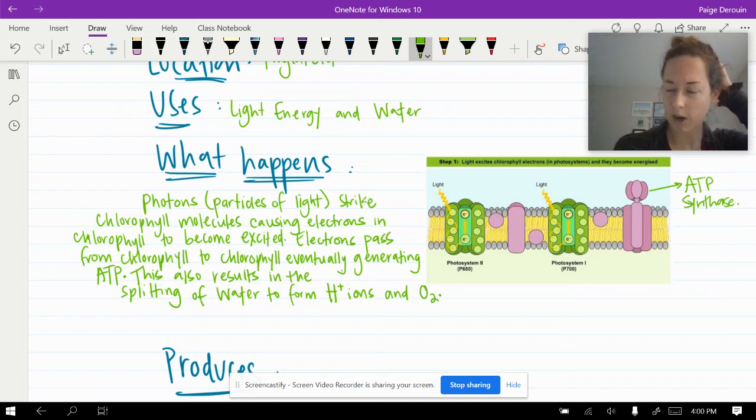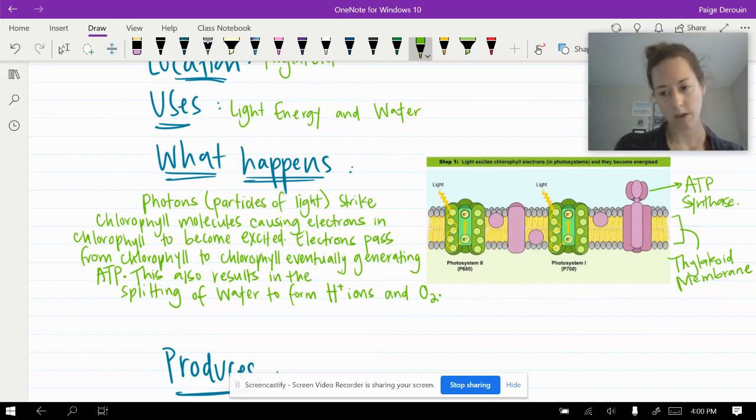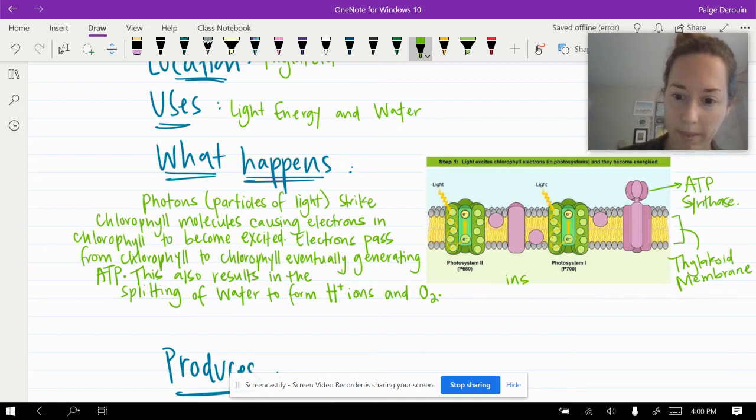And then just to help you with this picture, the membrane is the thylakoid membrane. There are these big photosystems, which are protein complexes embedded in the membrane of the thylakoid. So this down here would be inside the thylakoid.